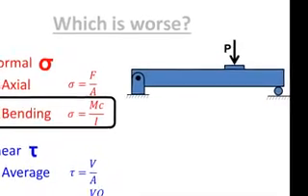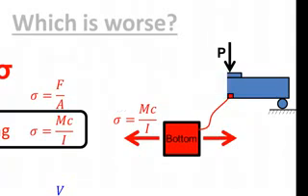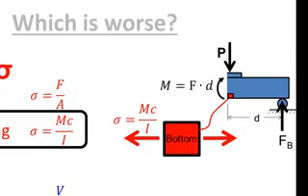For instance, we looked at this beam and we noticed that the bottom fiber was in tension, a normal stress, and we could calculate that using Mc divided by I. If we drew a free body diagram of this, we'd recognize that there was a reaction force here at a distance d, and that would have to be resisted by an internal moment at this point that we'd call M, and that would be equal to the force times the distance.